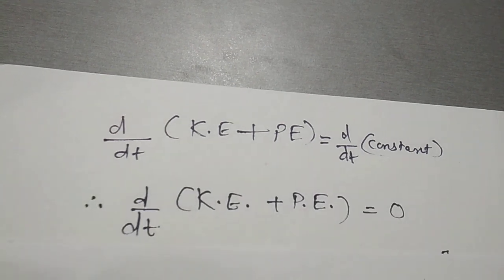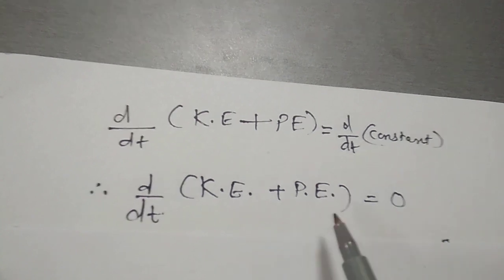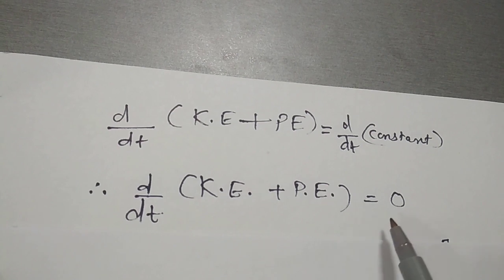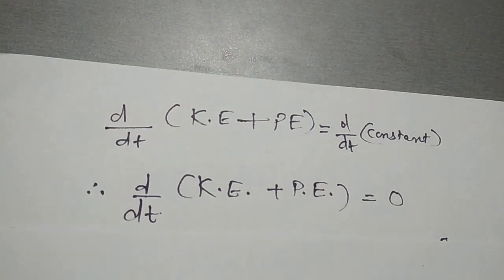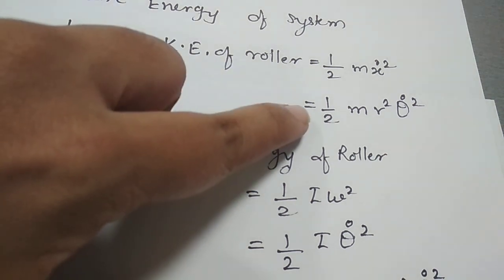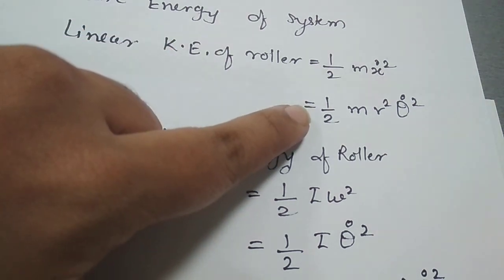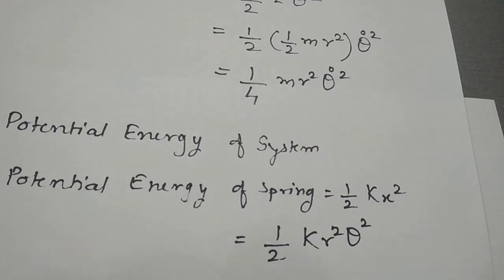So d by dt of the bracket kinetic energy plus potential energy of the system is equal to 0. So put in the total kinetic energy, meaning the kinetic energy in linear motion and in rotary motion, and the total potential energy which is stored in the spring.